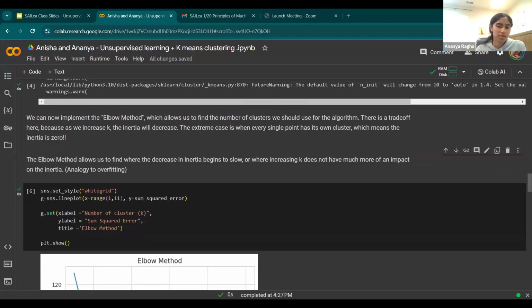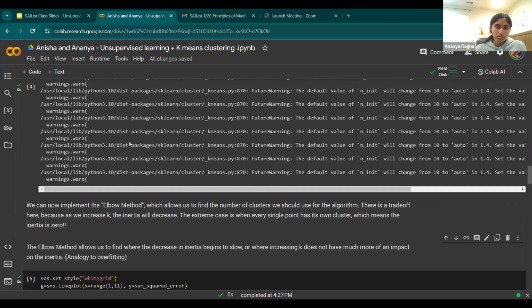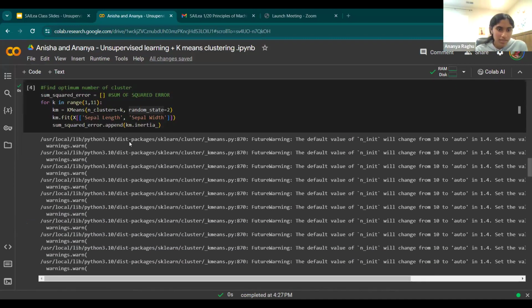So I realized that a possible ambiguity you might have is why we are using two columns for the clustering. Anisha, if you scroll up a little bit. Here we're doing, as Anisha said, pm.fit on these two columns. But you might be wondering, can we cluster on more than just two variables?